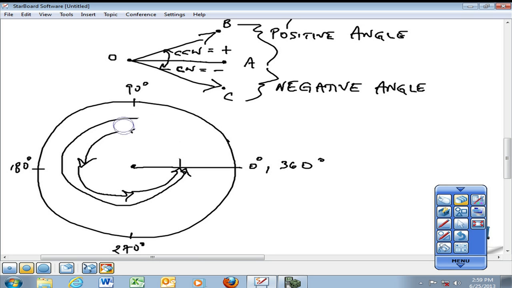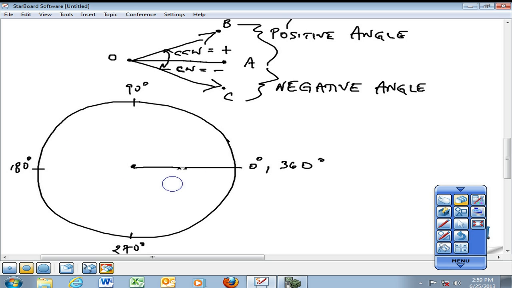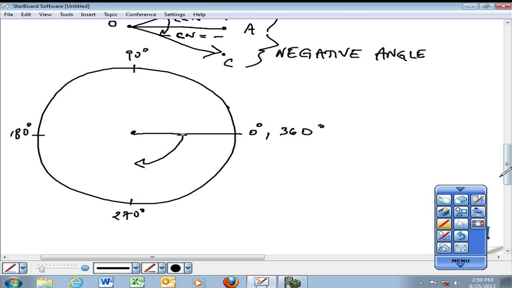Versus, let's go the opposite way. In other words, we go clockwise. We don't say we've gone 270, but it's actually equivalent to a negative 90. Does that make sense? So we are going clockwise. Why?